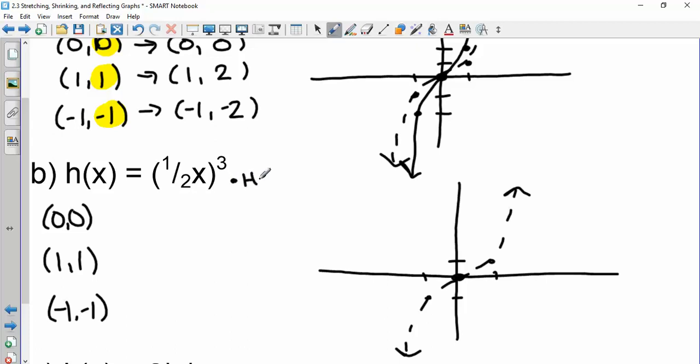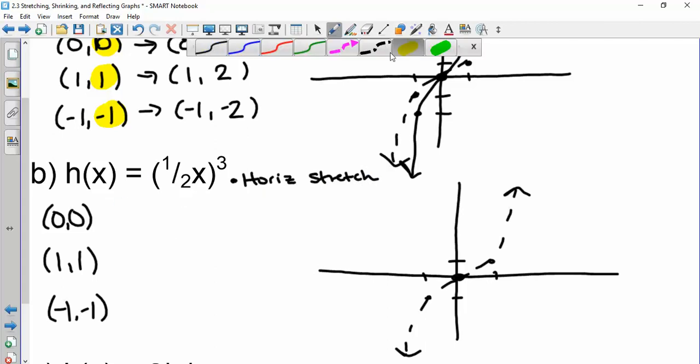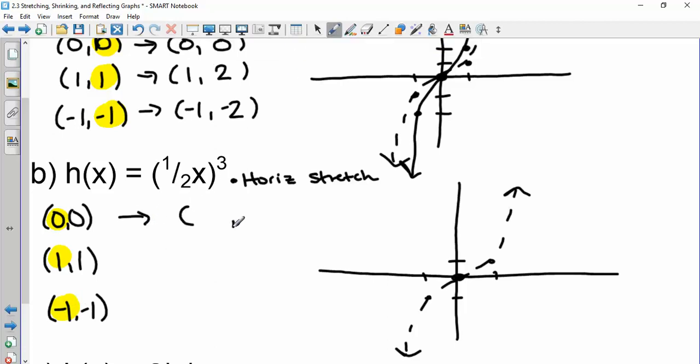So inside is x, so it's horizontal, and it does the opposite of what we think. So it will stretch this out. Inside will change the x. That means my y's will stay the same.